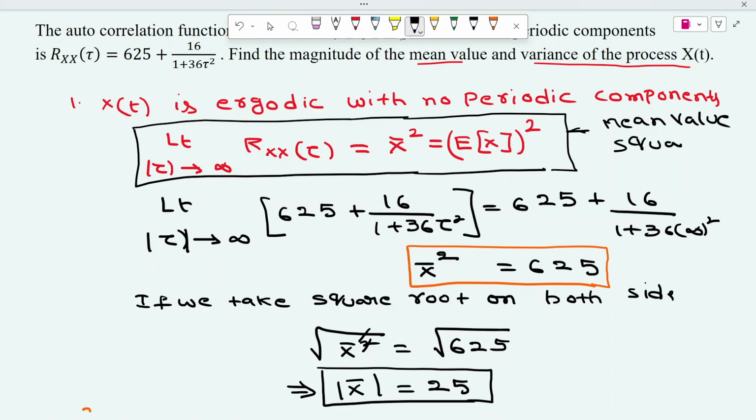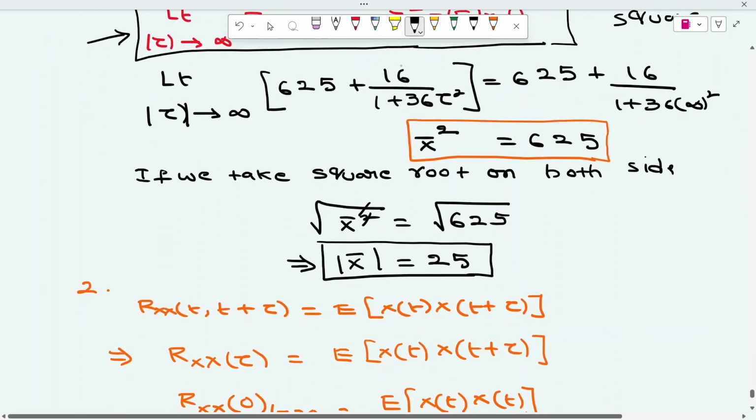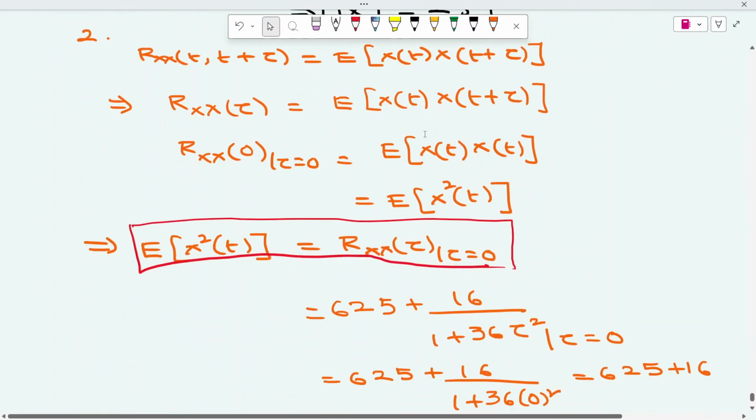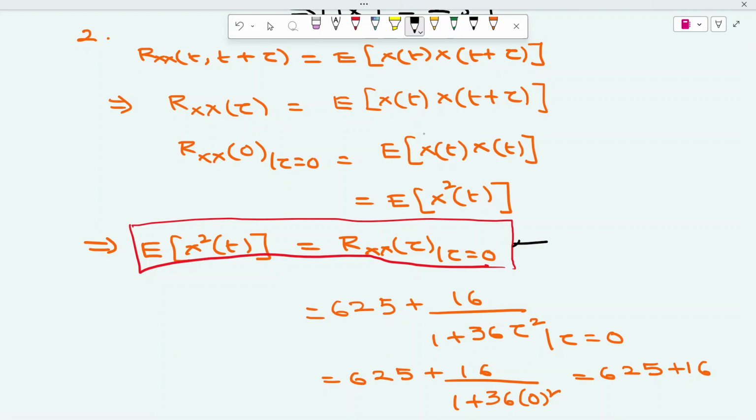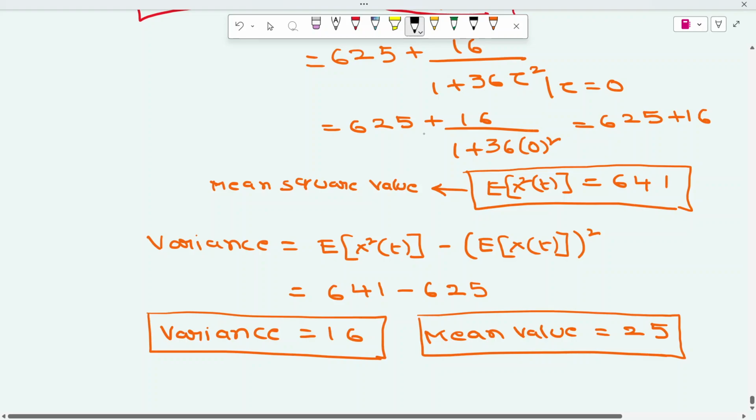This is a very simple and straightforward problem. If we know these two properties of the autocorrelation function, we can easily find the mean and variance of the given random process. I hope everyone is able to understand how we have found the variance and mean value of the given random process with the help of the properties of the autocorrelation function.